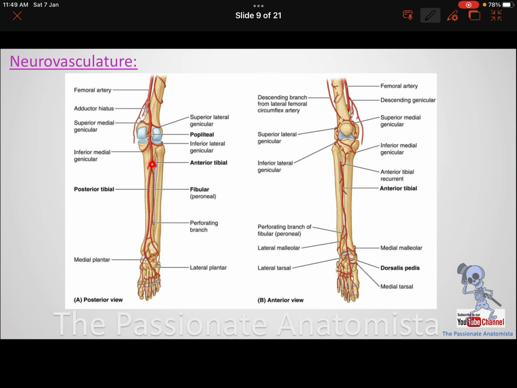Now once we get down with the popliteal, at this point your popliteal artery is going to split into two branches. One will become posterior, so we call it the posterior tibial, and one will go through the interosseous membrane. It has an opening in the interosseous membrane, and it will emerge into the anterior compartment, becoming deep anteriorly, and that is going to be the anterior tibial artery.